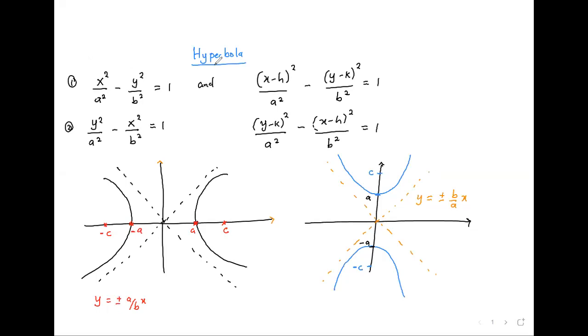All right, thank you. So here we say if we have this as our equation, then one, the length of the transverse axis is 2a.